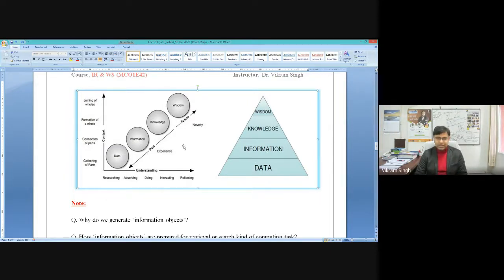If you see the left side of the diagram, which is a two-axis diagram, context and understanding, you can see the data and information talk about past experiences. Because data we have captured in the past, now we are utilizing this data and information in some cases to get possible future applications.